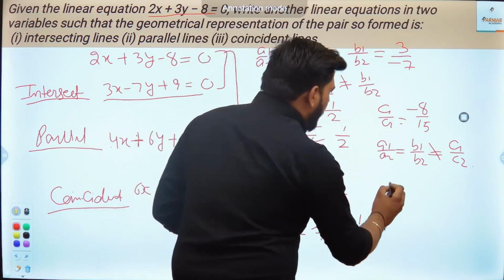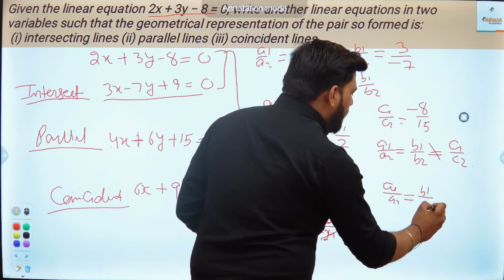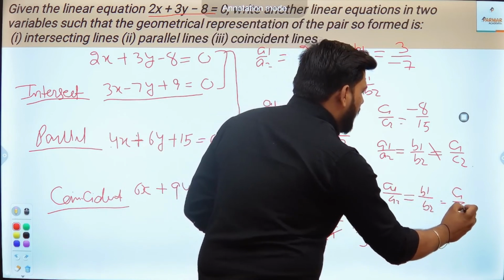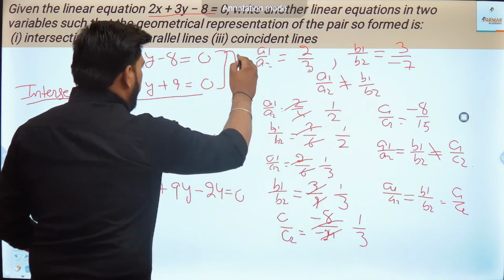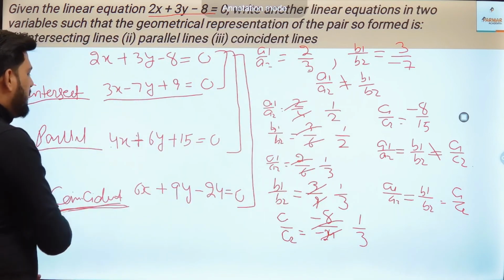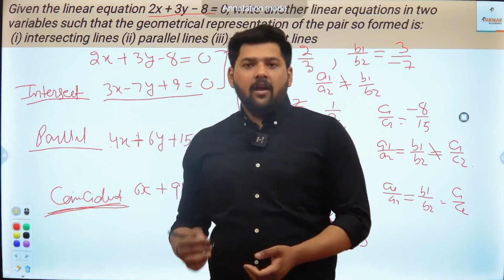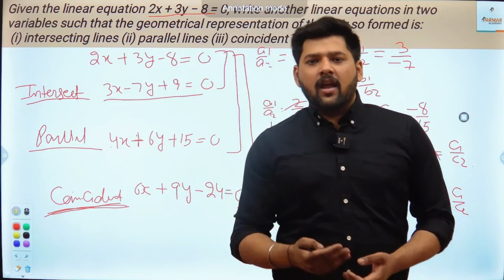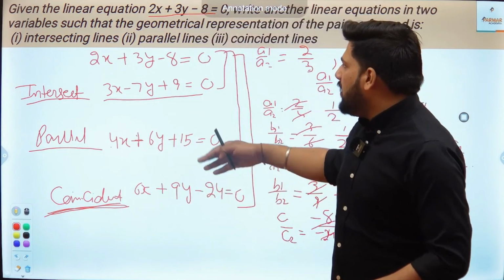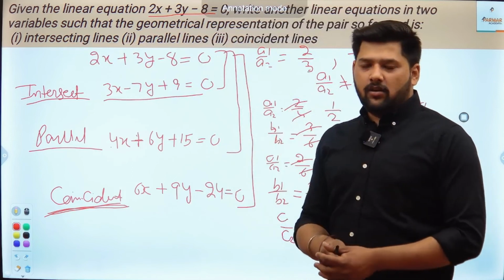Now all three ratios are equal: a1 by a2 is equal to b1 by b2 is equal to c1 by c2. So this pair of linear equations represents coincident lines, meaning there are infinitely many solutions. And this question is very important when you are given a single equation and you have to find the corresponding equation which will satisfy the given conditions.